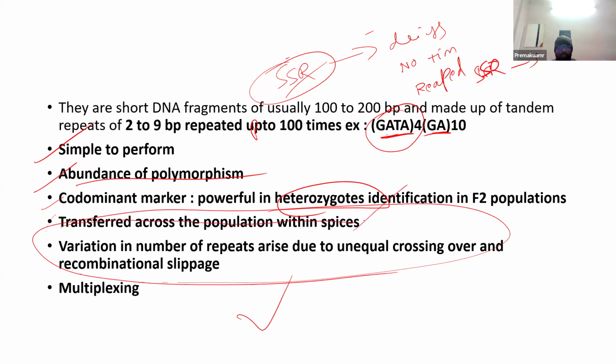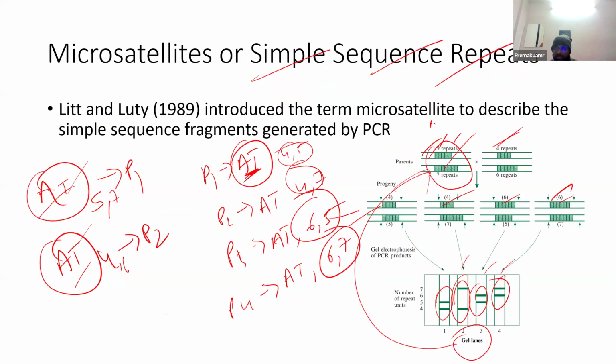Variation in the number of repeats arises due to unequal crossing over and replication slippage. Normally there should be an equal exchange: instead of 4 and 4, you give 4 and get back 4.